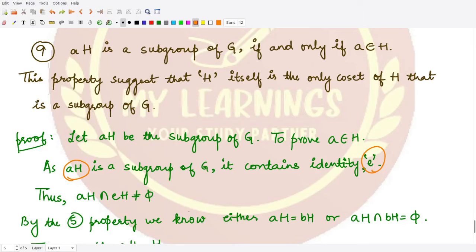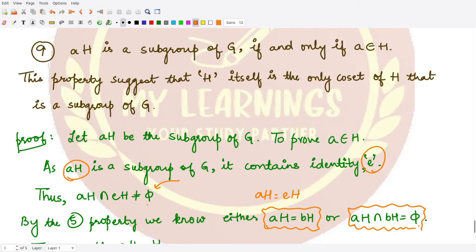Now according to the fifth property that we have studied, two different cosets are either identical to each other or disjoint from each other. So in this case, because there is one element present in the intersection, it is non-empty, so that means they have to be equal to each other. Why? Because we can have either of these two cases and no other case.